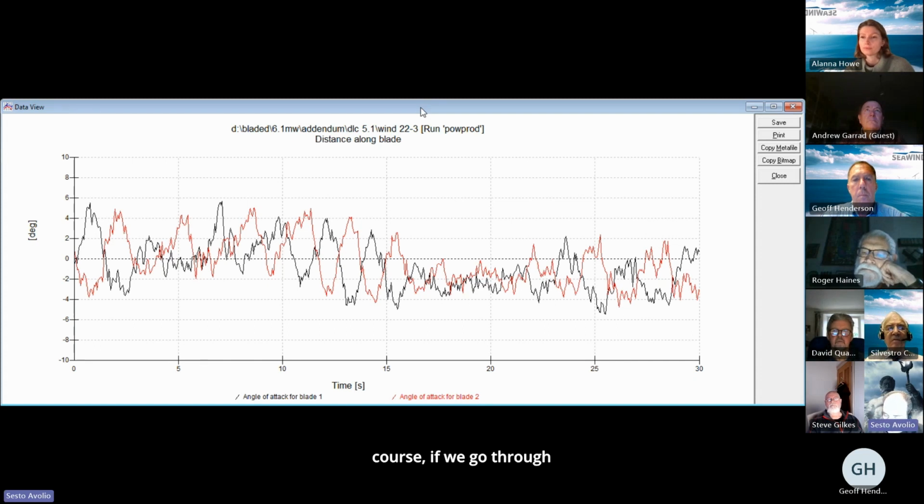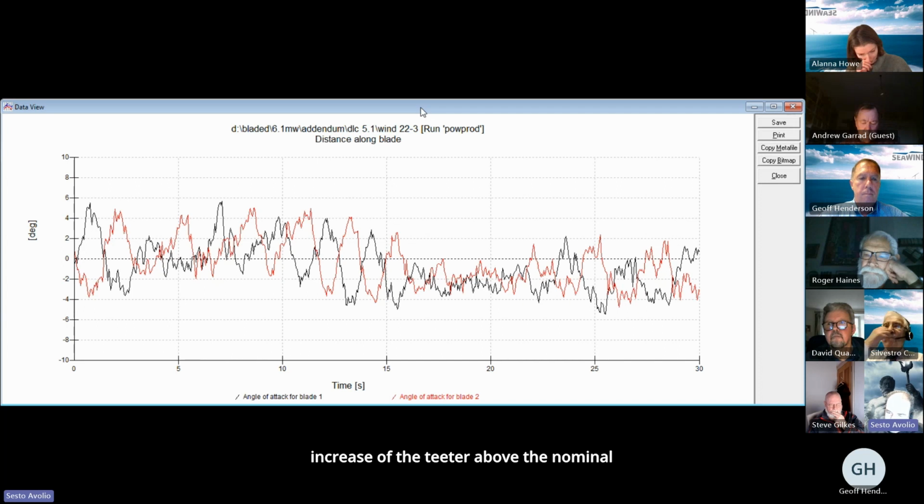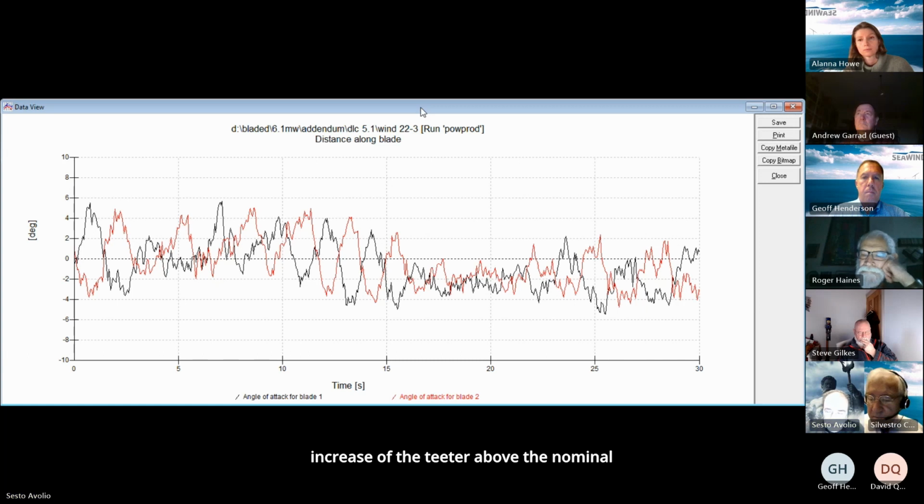And yes, of course, if we go through that slowly, we stay at that frequency, we can excite the teeter. But going fast enough through that area, and considering that at that point the applied torque can be very low to stop the rotor faster, then we don't see any significant increase of the teeter above the nominal values in operating conditions.